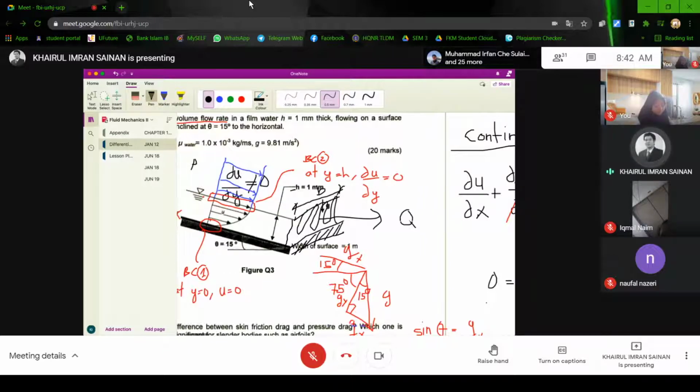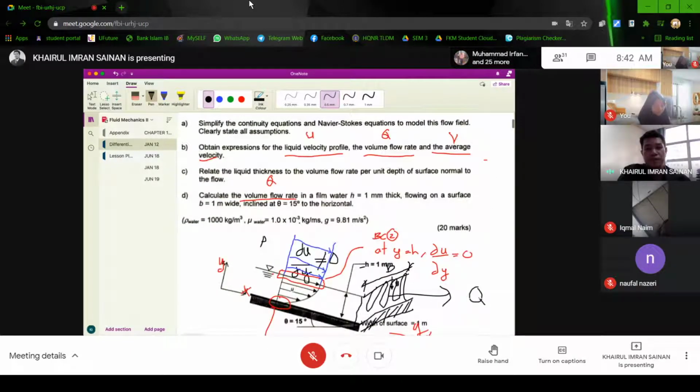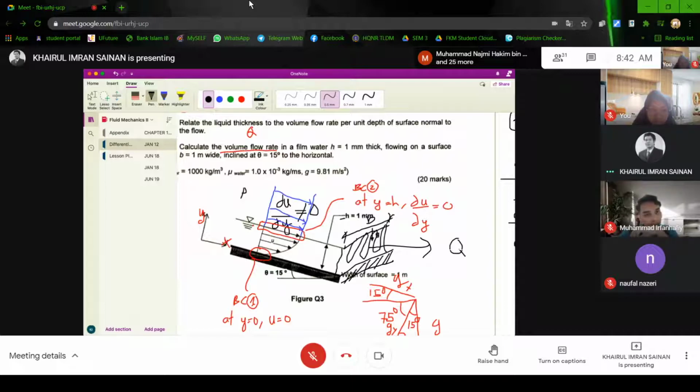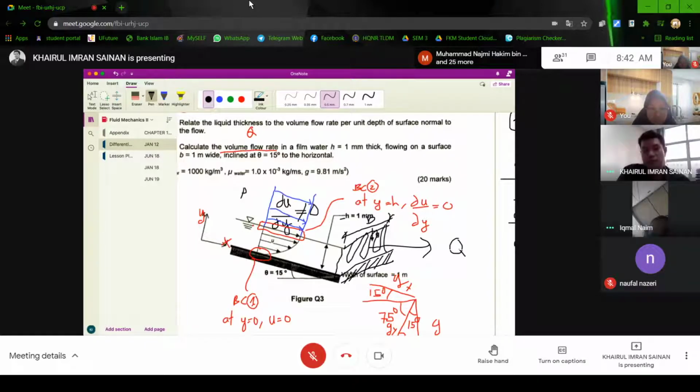If you notice, the width given is B. So this is the width, and this is B. So the area will be B multiplied with what? H. Yes, correct. B multiplied with H.